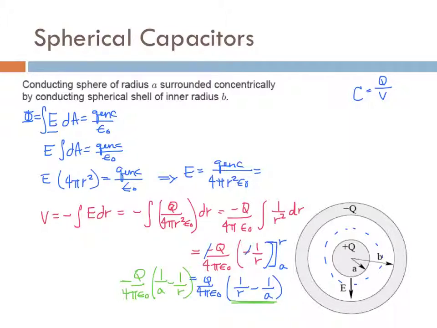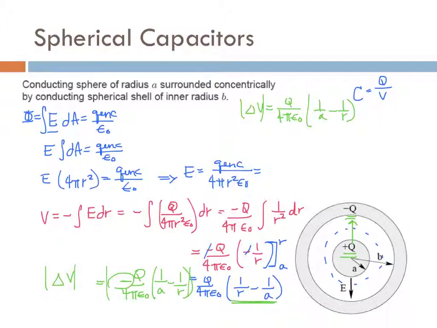Now, it doesn't matter what r is, as long as r is greater than a, we will get a positive number inside my parentheses. This makes sense, because between a positive and negative charge, our potential decreases as we move from positive to negative, so we should get a negative value. But all we're concerned about are magnitudes here. So our potential difference is Q over 4 pi epsilon naught times 1 over a minus 1 over r.